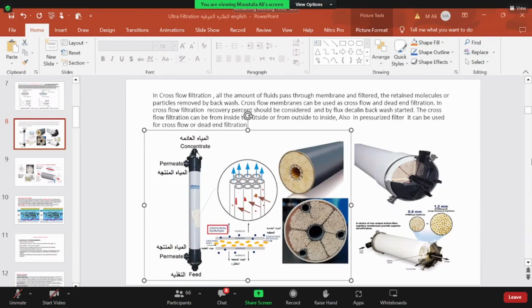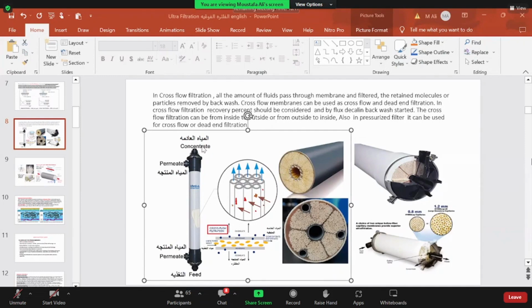The content of particulates or TSS or whatever contaminant inside it increases, and at the same time, as I said, we have permeate.